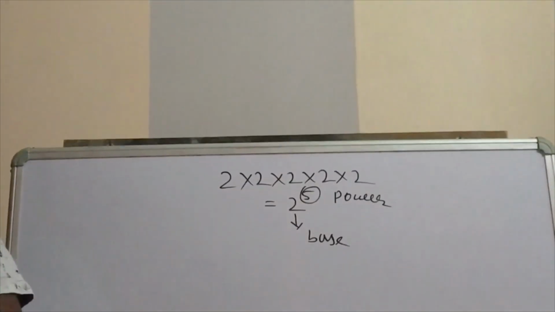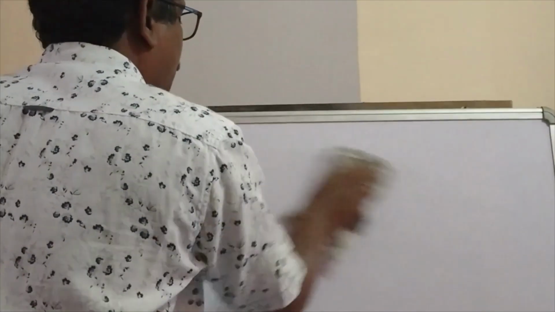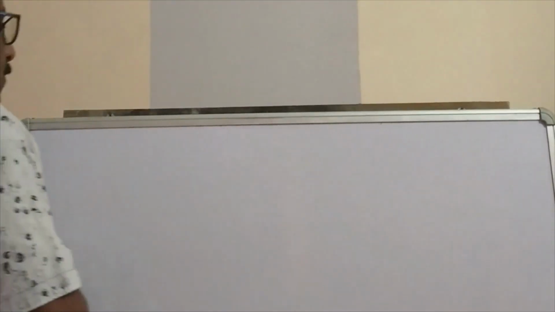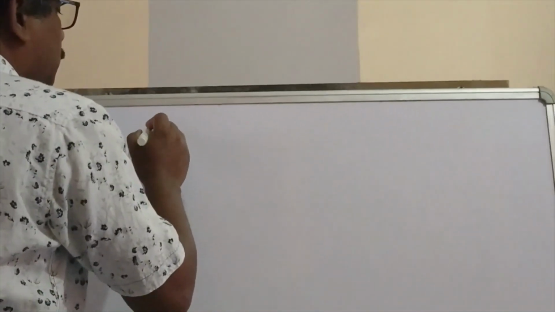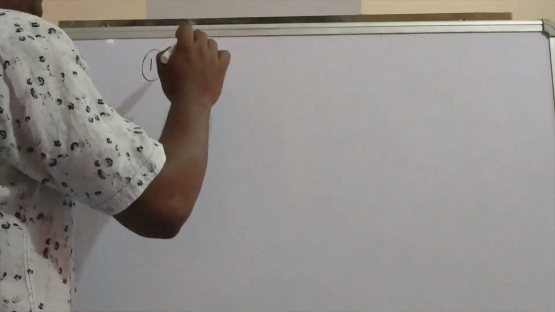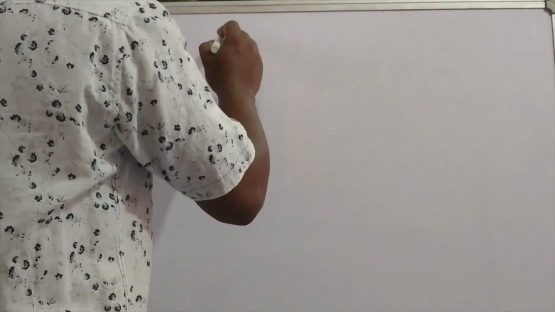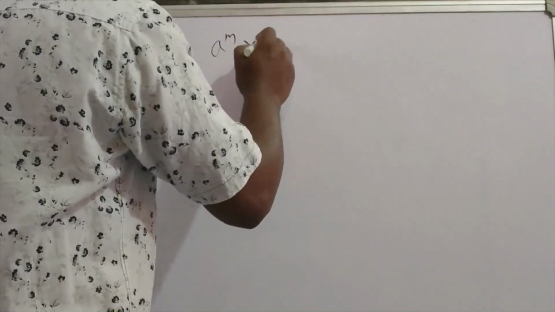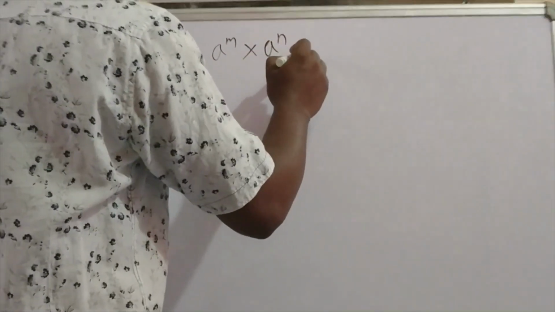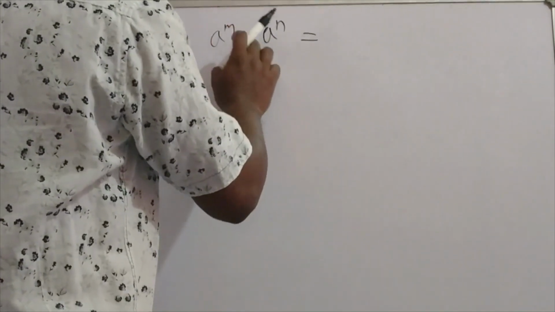First formula is suppose a, b are two variables and m, n are the positive integer. So suppose a to the power m into a to the power n. So here the base is same and it is multiplied.